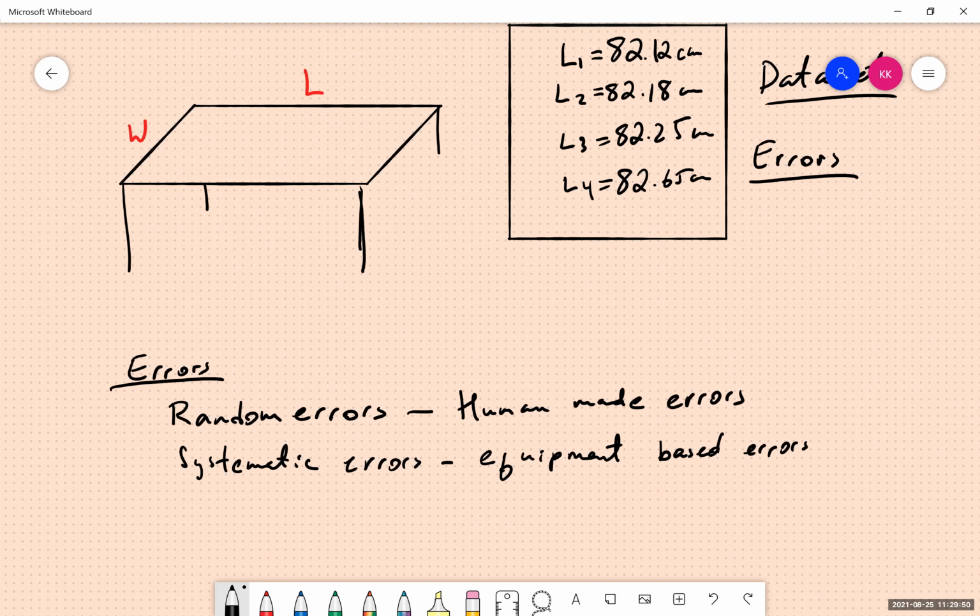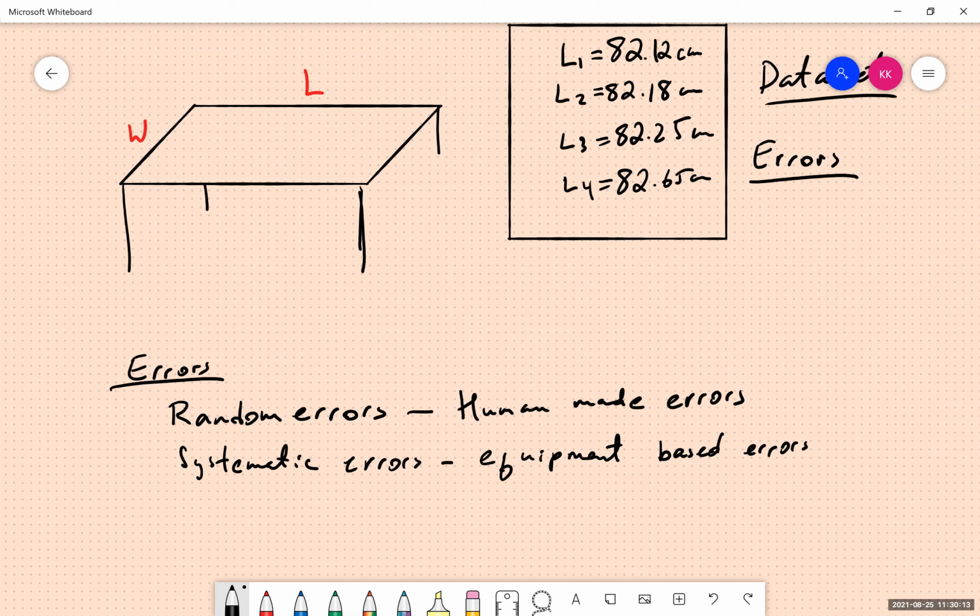Human-made errors cannot be corrected because those are the type of errors that come from reaction time and things like that of a person. If you have several people taking the data set, some people are a little bit better at the reaction, some people are not. But the idea is that that's always expected.